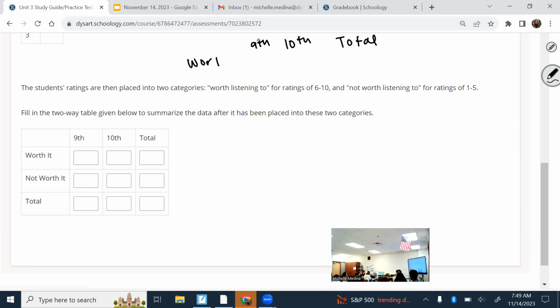Sometimes for these two-way tables, they don't include total rows or total columns, so you have to add them in yourself because it might be helpful for answering other parts of the question. But this one, it's already there. So you also have to make sure you understand that the worth listening to would be 6 through 10, and the not worth listening to would be 1 through 5.